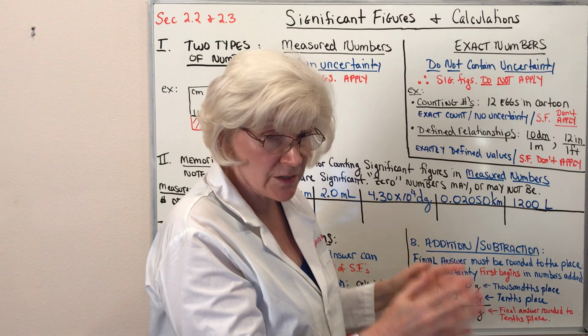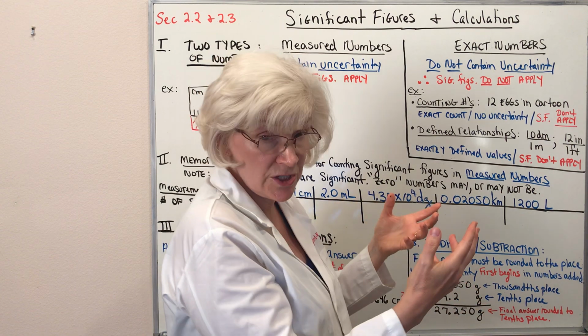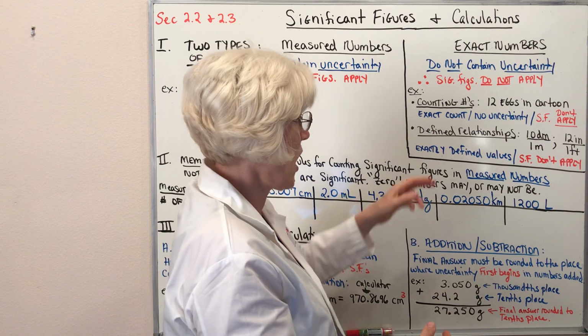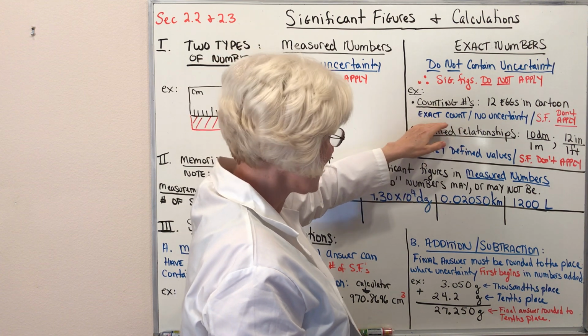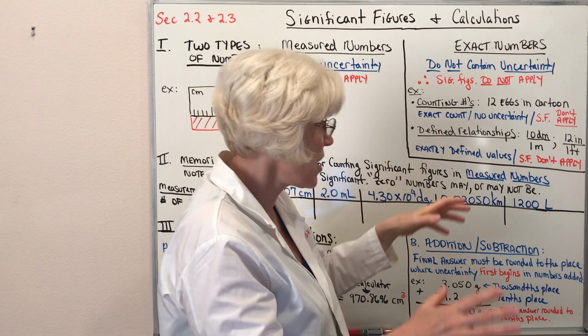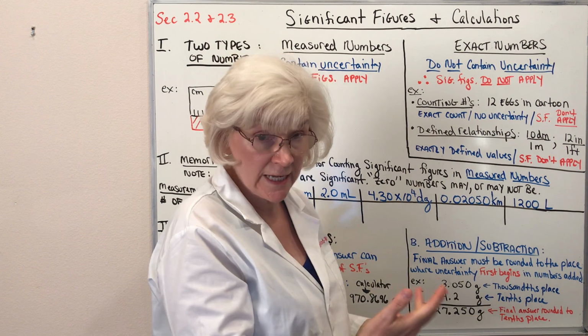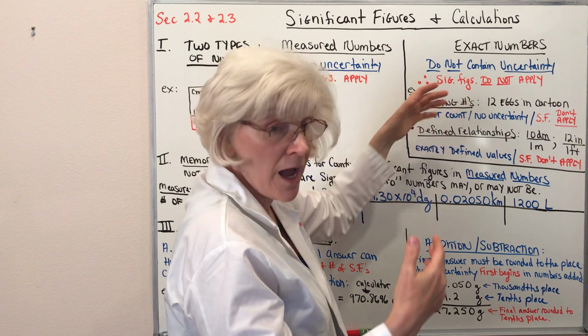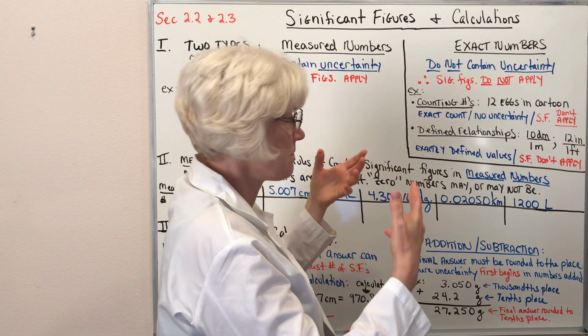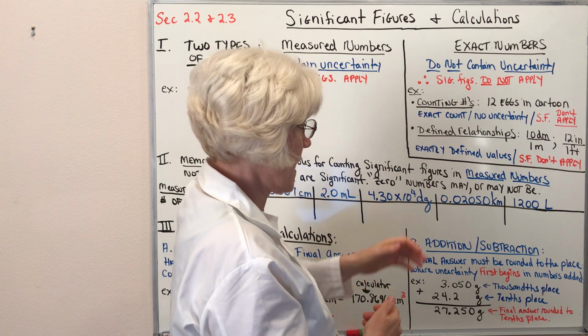There's no uncertainty about it because they're discrete, whole, separate objects. So counting numbers are an exact count and contain no uncertainty. Sig figs do not apply whenever you're counting the number of objects or people in a classroom.